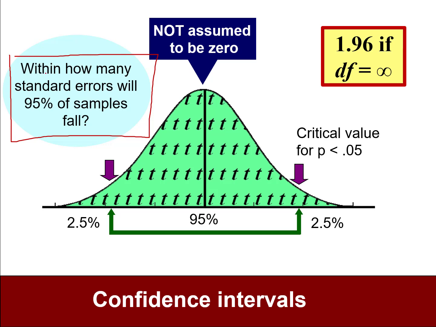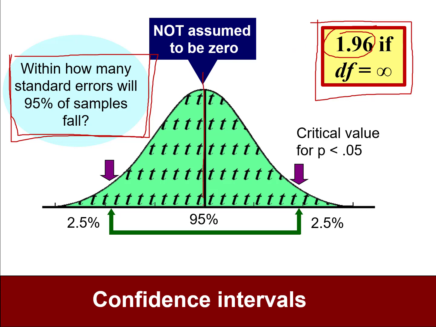If I calculate the degrees of freedom for my sample, I can look up a critical value on a t-table, and if I had a very large sample, that critical value would be 1.96. That means that 95% of samples will fall plus or minus 1.96 standard errors of that true population parameter.